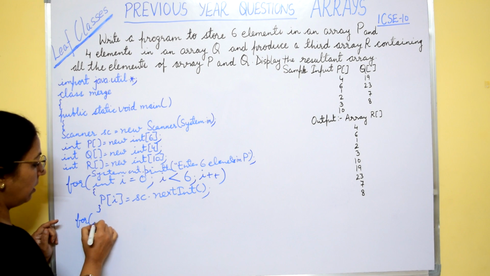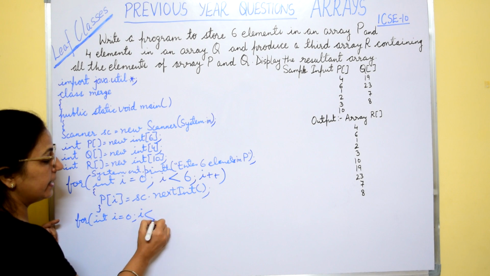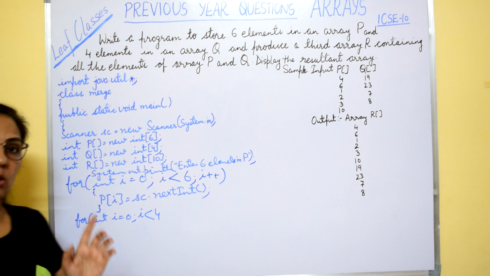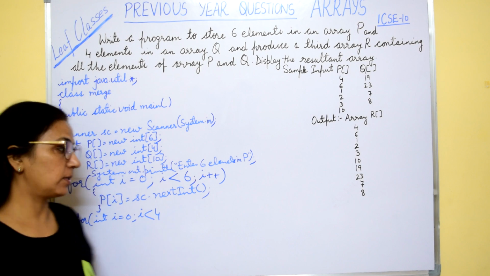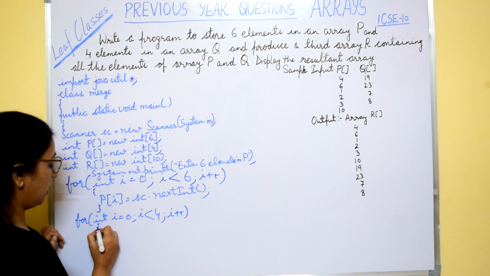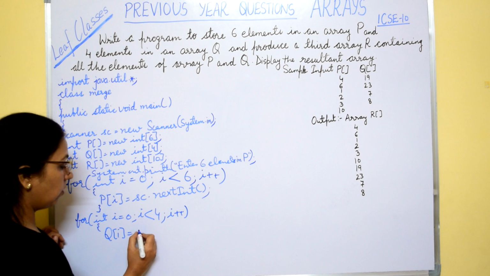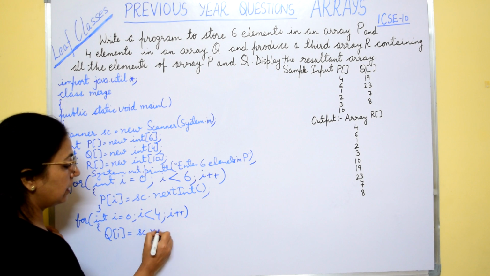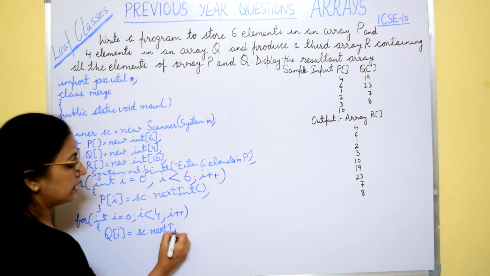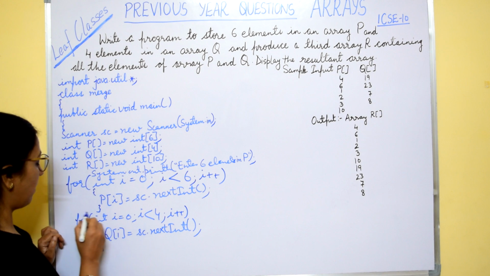Then you will take the loop int I is equal to 0, I less than 4. That means 0, 1, 2, 3, 4 times, right? Then here we have I++ and here you will input the array elements in array Q, sc.nextInt. sc.nextInt is the function to input integer values.